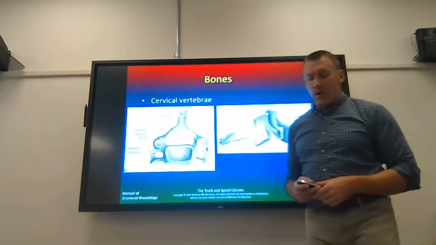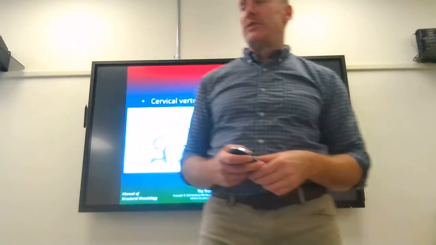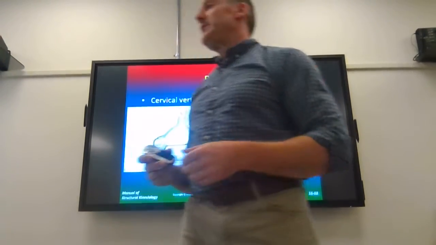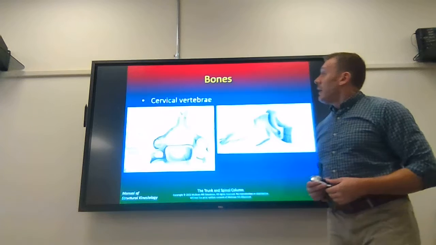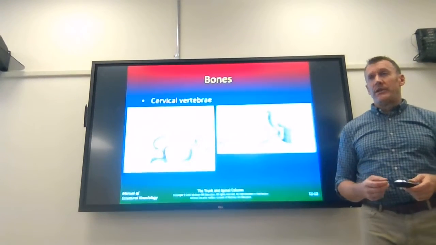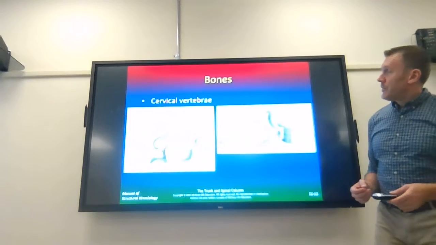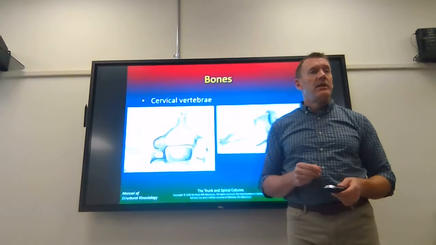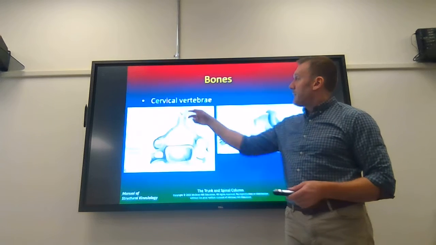Okay, so I want you to learn a few distinguishing features for the vertebrae. These are things you might write down in your notes. Cervical vertebrae: 2 things about cervical vertebrae are unique. The first one is they have what's called a bifid, or a split, in the spinous process.